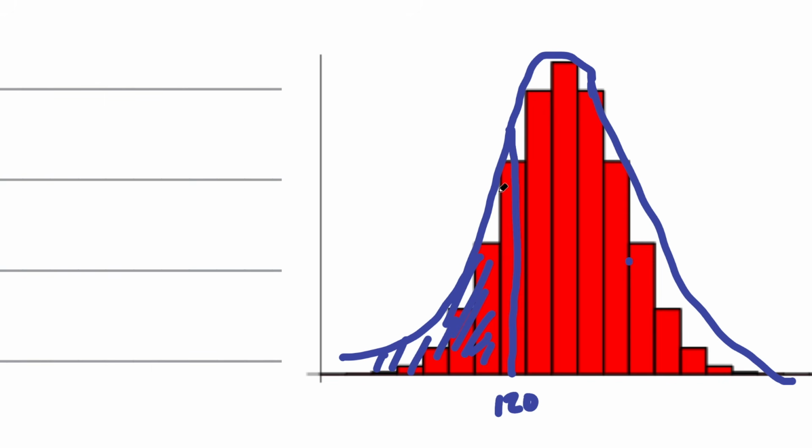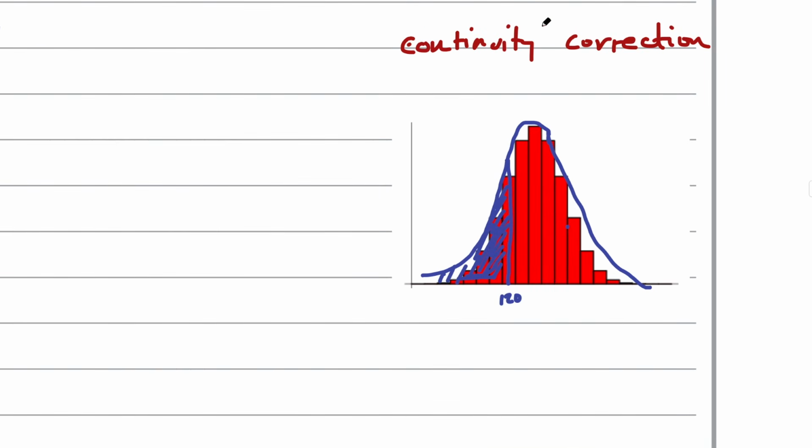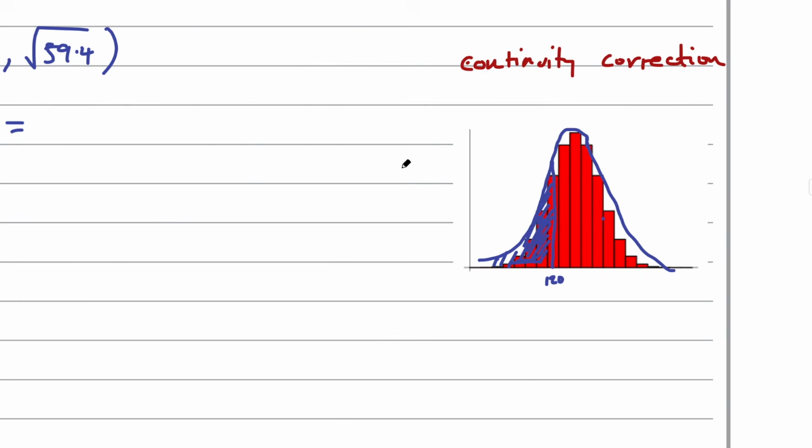But on the normal distribution, we actually use half of that bar to calculate the probability. So the continuity correction adds on or takes away half depending on whether you're doing greater than or less than or whichever type of calculation you're doing. And there's a great video on the reasoning behind the continuity correction, which I'll link in the description.